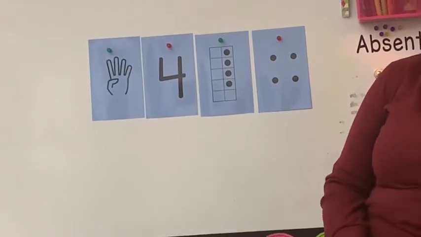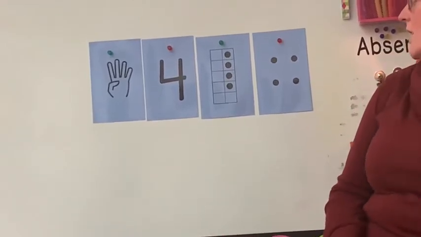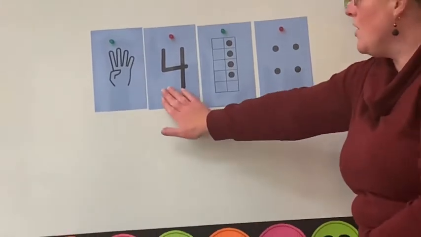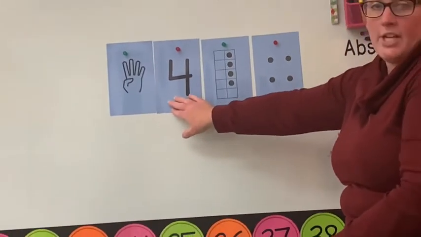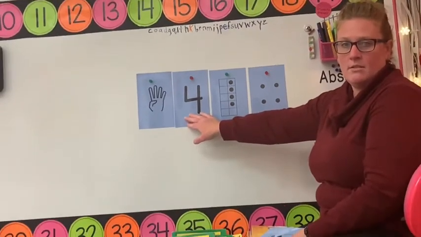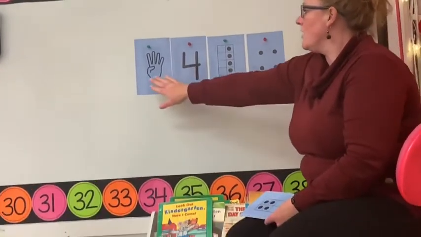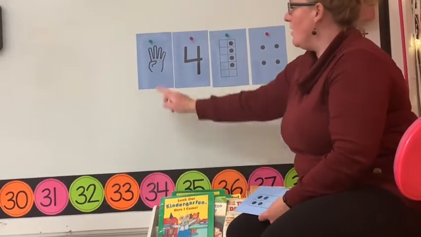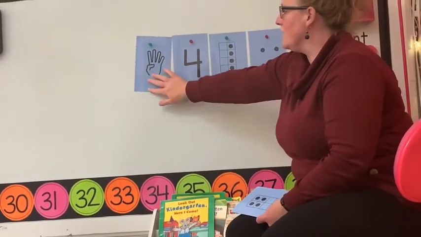They all show the number 4, right? I know you know that that's the number 4 when you look at it. This is the number 4 because we can count 4 fingers.